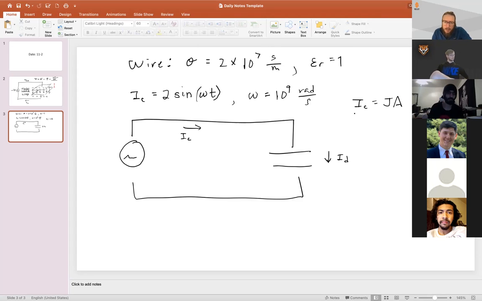as long as it's flowing in one direction, we can simplify this from a vector down to a scalar, right? So in this situation, we can assume that this is essentially a scalar situation where we can ignore the vector components and just assume that it's all going in the same direction.